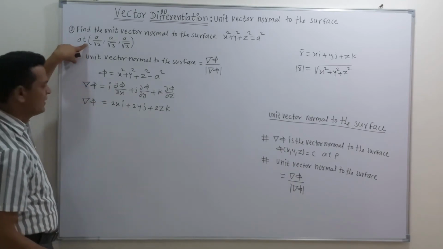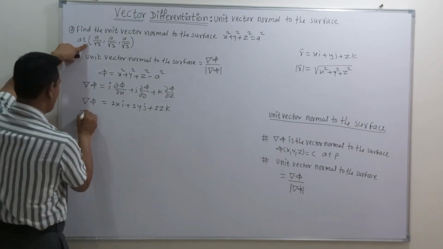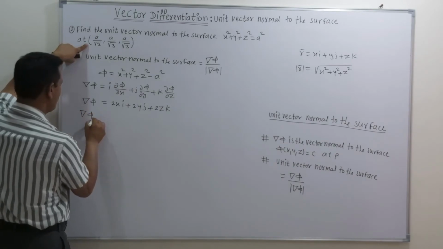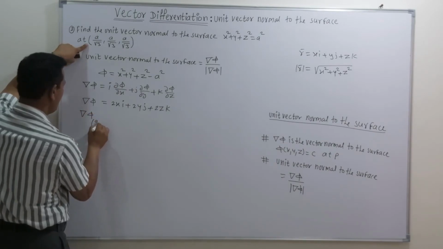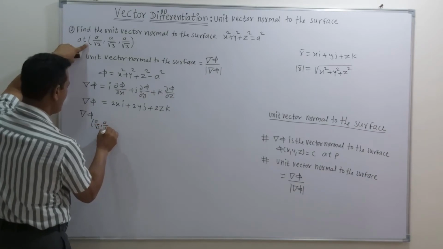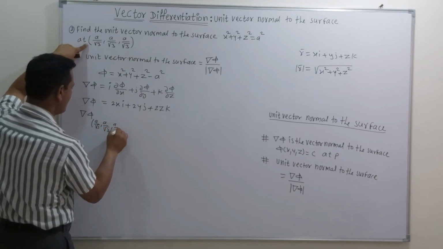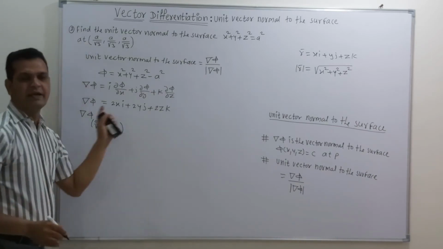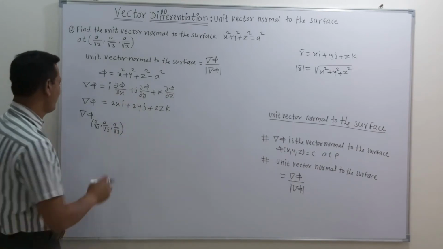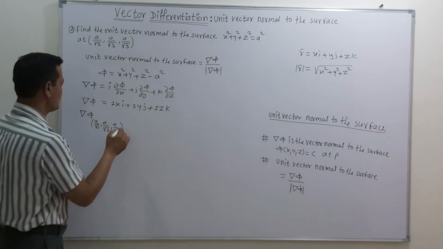Now find this del phi at this point. So we can write del phi at the point a upon root 3, a upon root 3 and a upon root 3. That means for x, y, z, put the value a upon root 3.